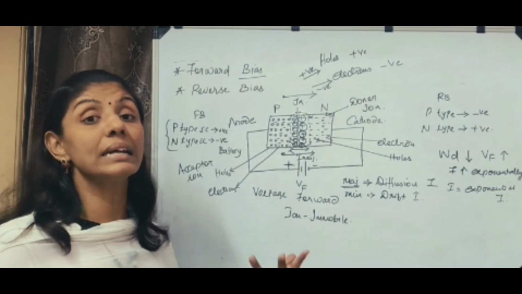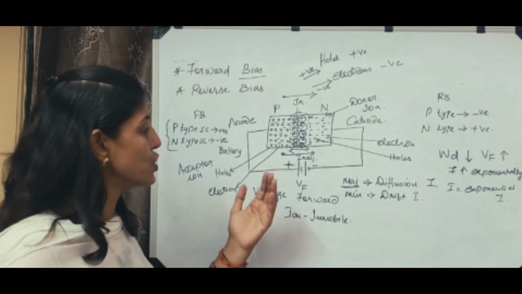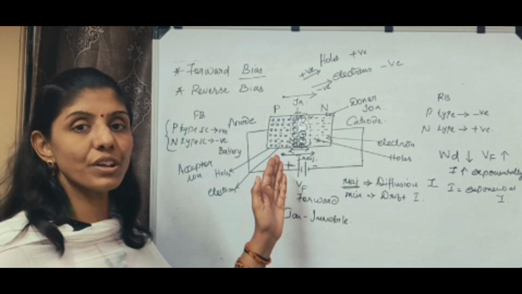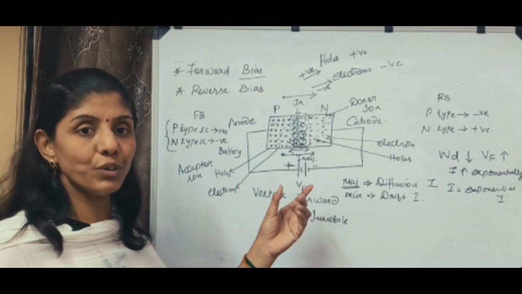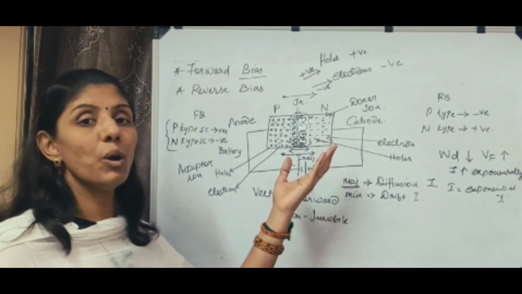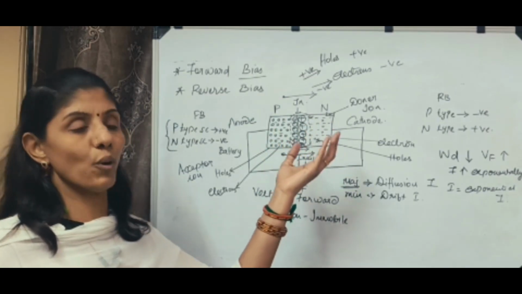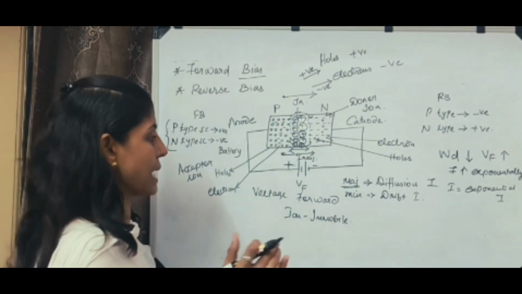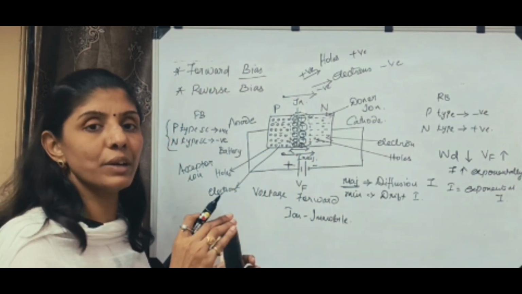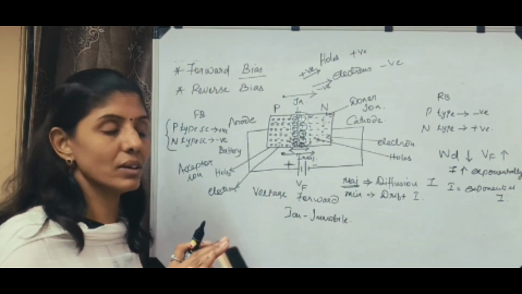Because I am increasing my forward voltage. Once I am increasing my forward voltage, the depletion region will be reduced. So after some particular time period, there will be more electrons flowing from the N type towards the P type. You know why? Because the depletion region was completely erased, right?